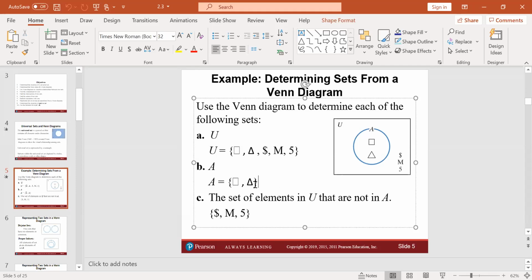The set capital A is just the square and the triangle. This set A always has to be a subset of the universal set. The universal set lists everything of interest, nothing more or nothing less. So for the set A, you can't pull another element out of your hat and say, what about the letter K? It's not in the universal set, so it's not allowed.